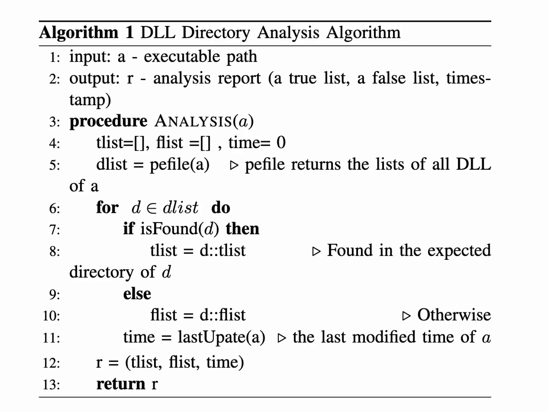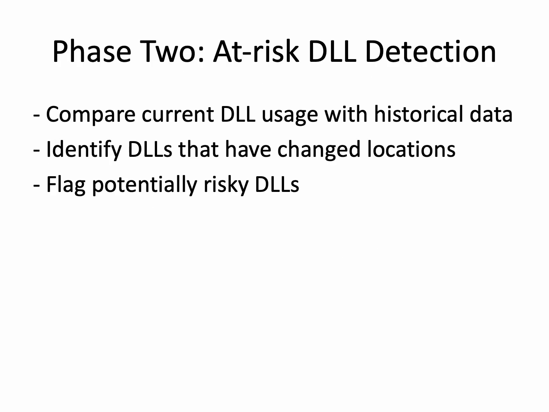Detailed explanations of this algorithm can be found in the paper. After we perform this algorithm in phase one, we have a report of the DLL usages of the previous versions of the software.